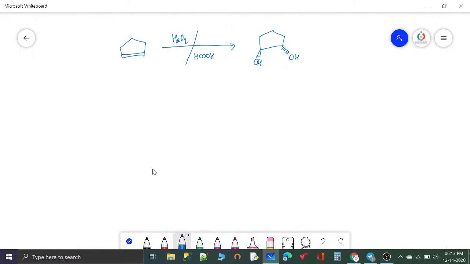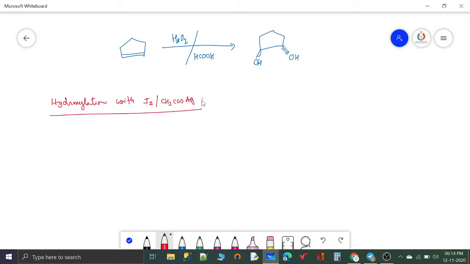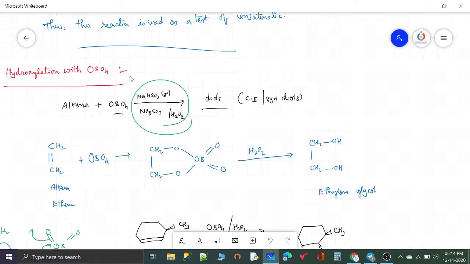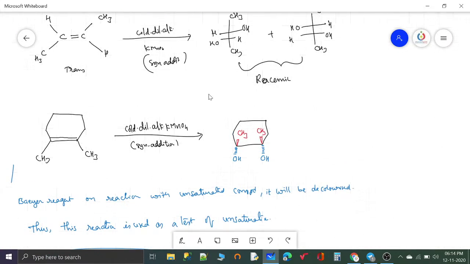Next, hydroxylation with iodine and silver acetate. In yesterday's class we discussed how these molecules give the hydroxylation products.